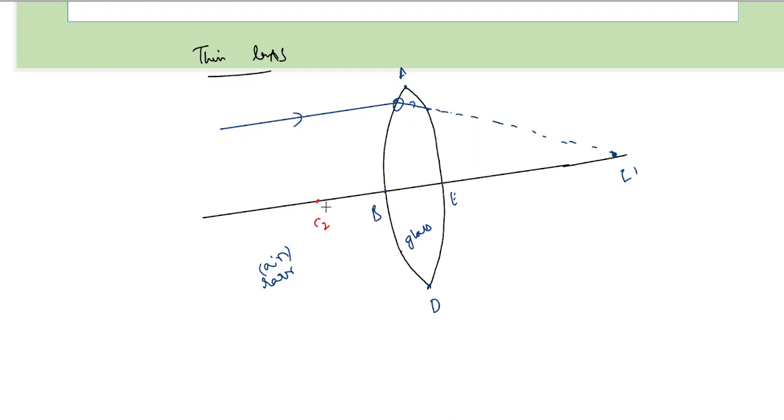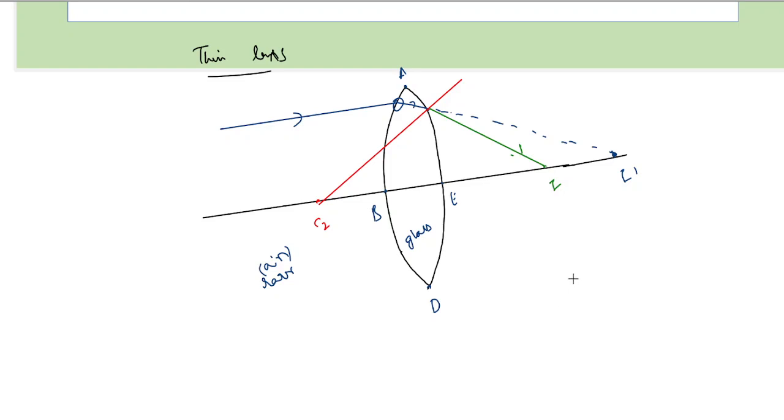So if we draw the normal here, this is what the normal would be. The light rays would bend away from the normal. So this light ray, instead of going like this, would bend away from the normal such that it would form an image somewhere here. So in this case we have two refractions. So at the point I is where the image is formed.